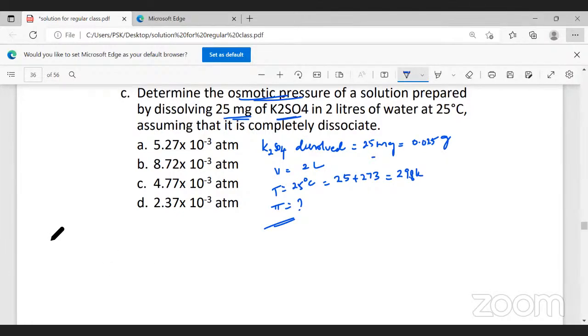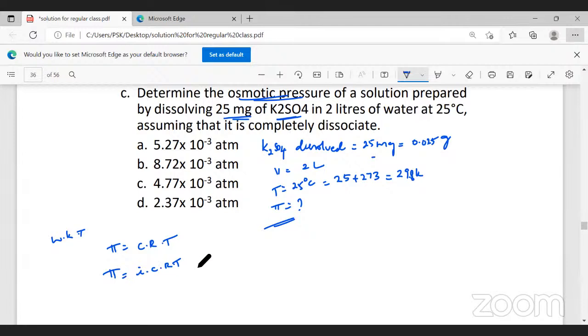Now, we know that pi is equal to C into R into T. And also remember one more formula I'm introducing here. Pi is equal to i into C into R into T. i is called the Van 't Hoff factor. What is Van 't Hoff factor? We will learn.